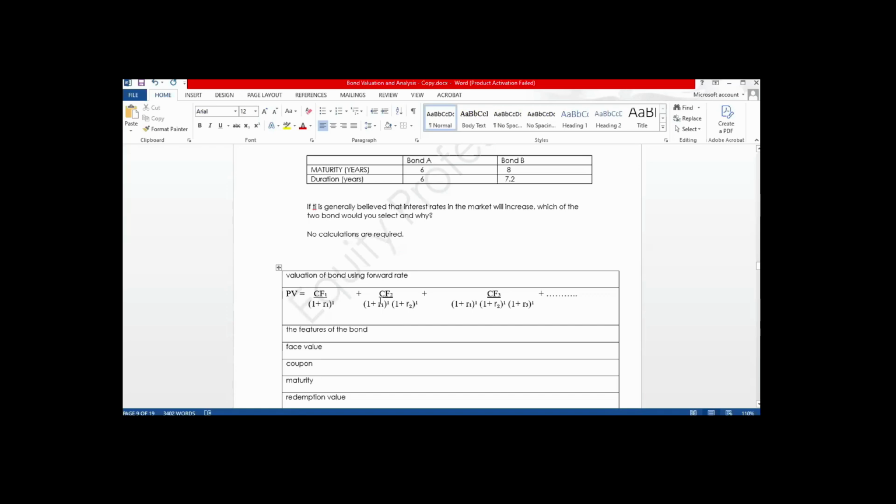When you get to year 2, you are going to divide by 1 plus rate in year 1, into bracket, 1 plus rate in year 2. This is how to use forward rates. The year 1 forward rate will be carried over to year 2. When we get to year 2, we use both year 1 and year 2 forward rates.